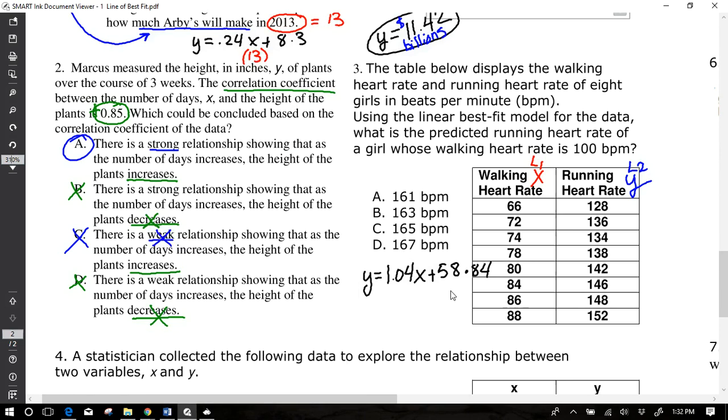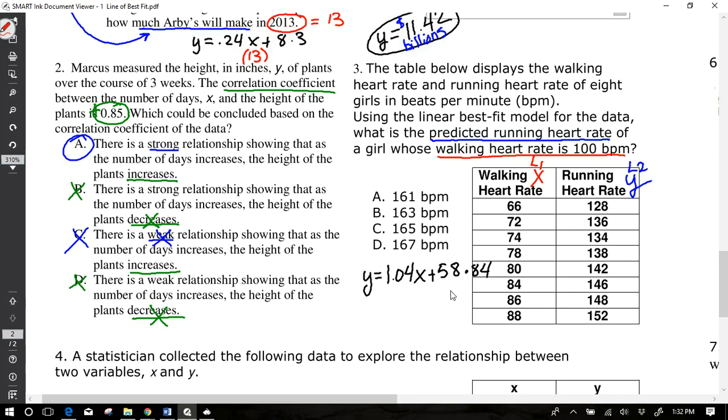But I'm not quite finished. I still need to make a prediction. So I need to figure out where to plug in some information. The final question says, what is the predicted running heart rate of a girl whose walking heart rate is 100 beats per minute?